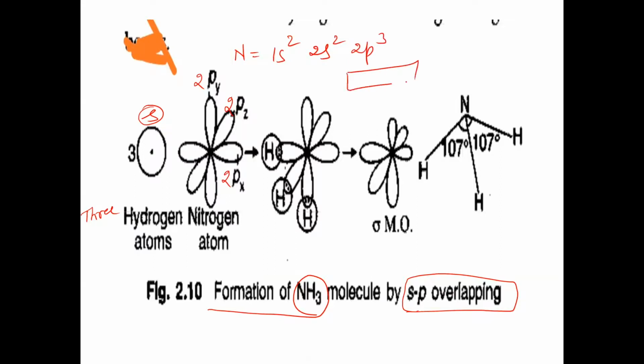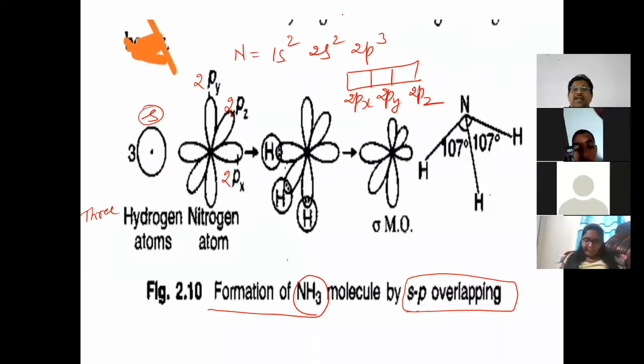Here p3 indicates 3 boxes, 2px, 2py and 2pz orbitals, with 3 electrons. How to distribute them? 1 electron into 2px, 1 electron into 2py, 1 electron into 2pz.